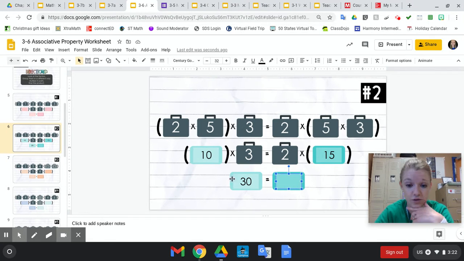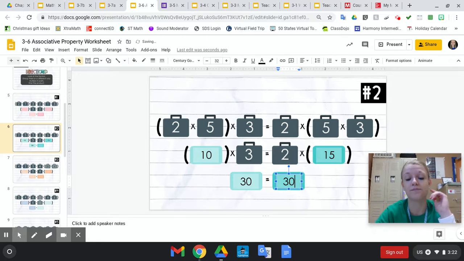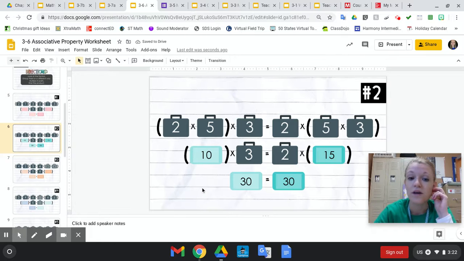However, if you notice this equals sign, I know 5 times 3 is 15. So 15 times 2 must be the same as 10 times 3, which is 30. So in this case, you would probably pick this side because it's a lot easier to multiply 10 times 3 than it would be 15 times 2.